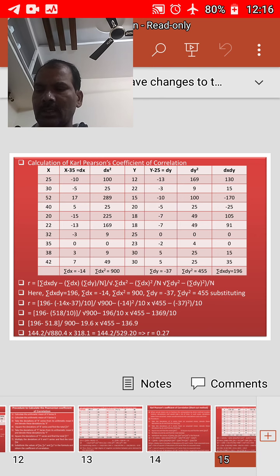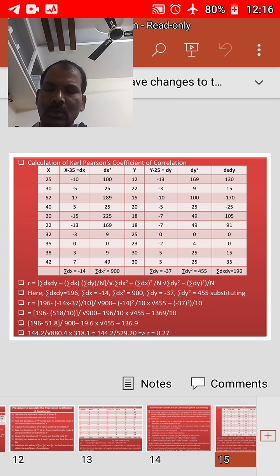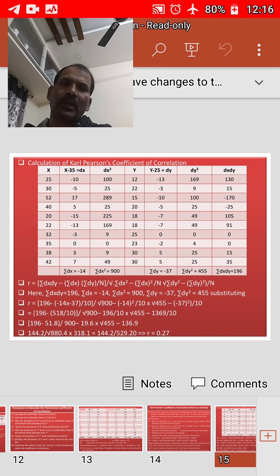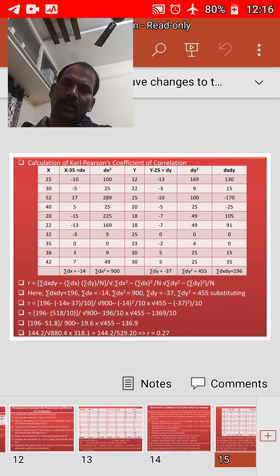It is given that x values are 25, 30, 52, 40, 20, 22, 32, 35, 38 and 42, and y values are 12, 22, 15, 20, 18, 18, 25, 23, 30, 30. Now we need to calculate Karl Pearson's coefficient of correlation for this given data.